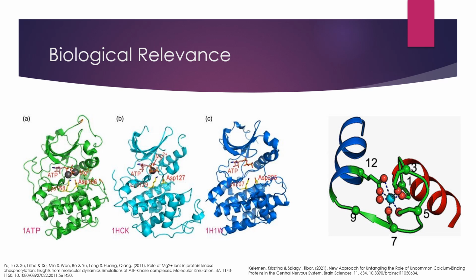They help do what's called phosphoryl transfer. This on the left here is 3 different structures of protein kinases that have magnesium as a part of their active site. So this left one has 2 magnesiums, this one has 1, and this one actually doesn't have any.